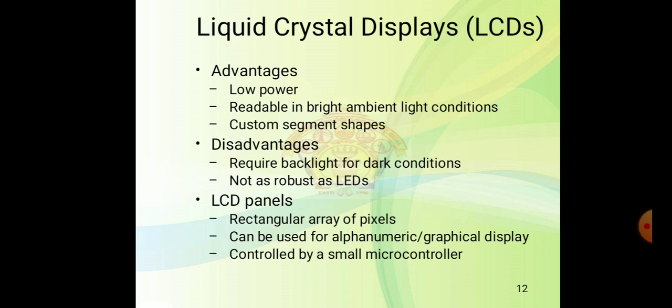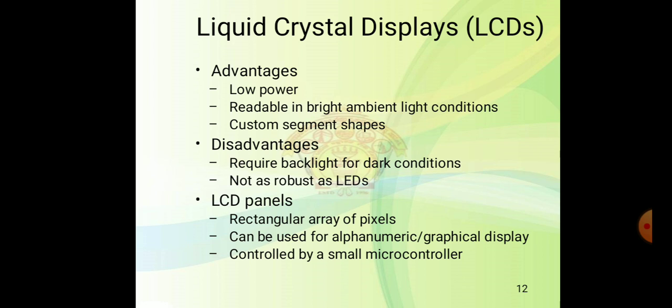In the case of a 7 segment display you get a particular shape, but in the case of LCD you can give any type of shape. It requires very low power, and hence LCDs are more popular among display devices.